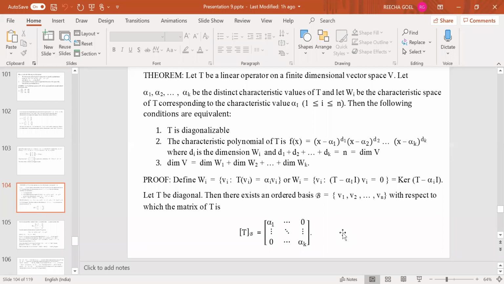So these Wi are nothing but the null spaces, or kernels, of T minus alpha i I.